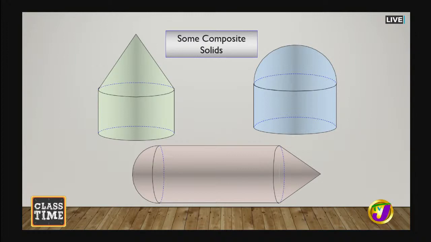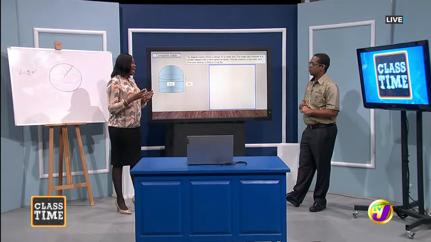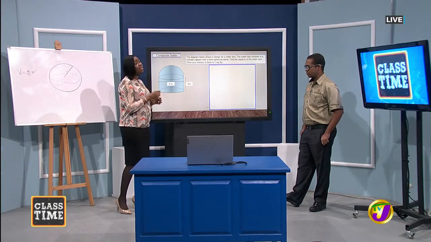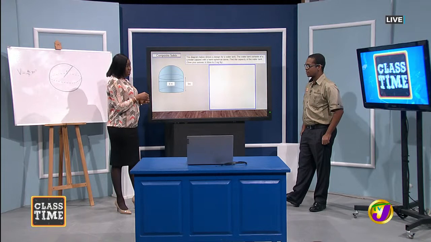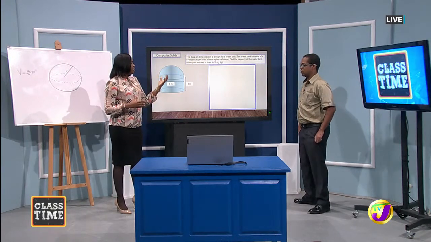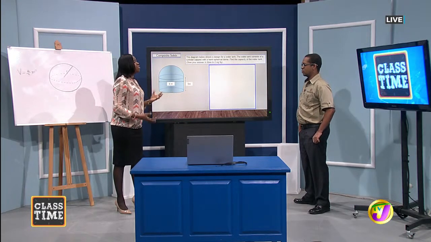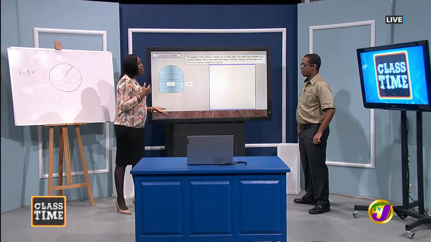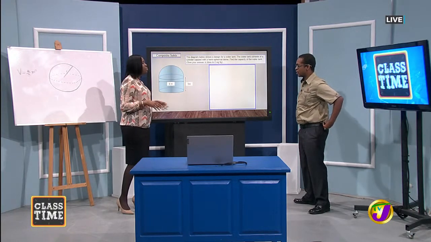Also, we have to pay attention to the information that is given in the question. That will be a deciding factor on the size of our dimensions, whether they're going to change by increasing or decreasing, or they will remain the same.